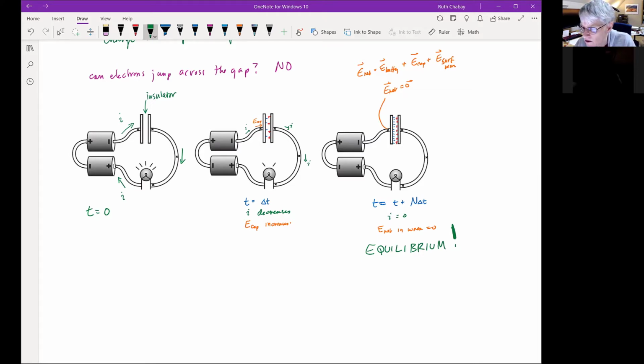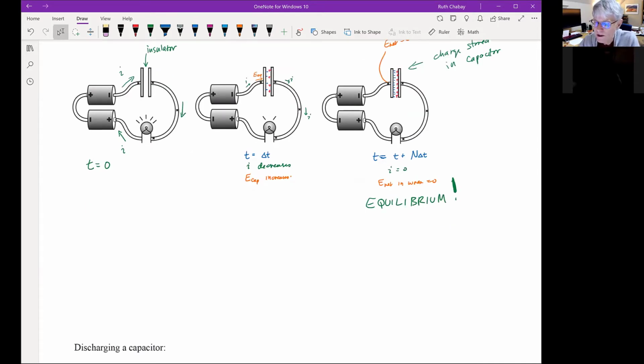But there's certainly charge and presumably energy stored in the capacitor. So what we saw here was a transient. We were never really in a true steady state, because the current was continually changing.